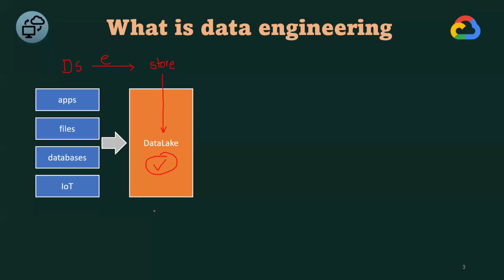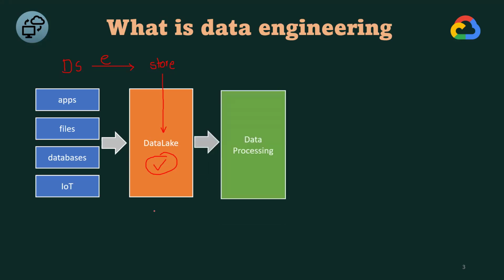Can we directly use it for analysis? No, because this data may have some duplicates, may have some inaccuracy issues, may have some null values. So that is the reason that even before analyzing the data, we are going to process the data.